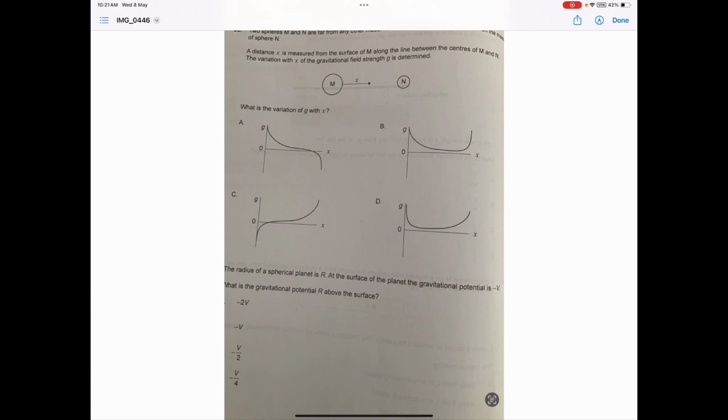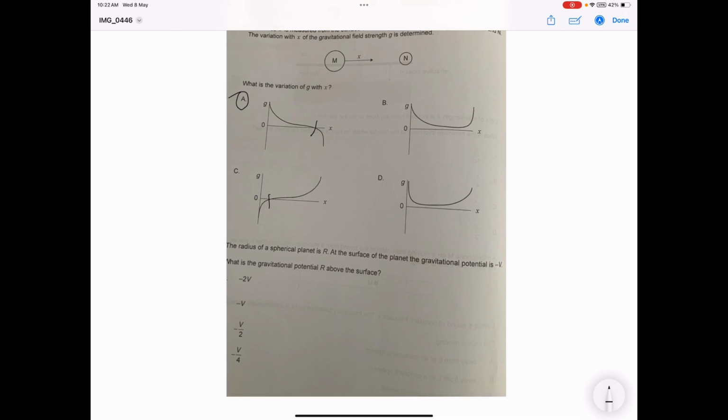So that would mean it's either going to be A or C. Because M is the bigger mass, I think that the gravitational field strength will decrease more slowly from the surface. So I think the answer is A. Graph A.